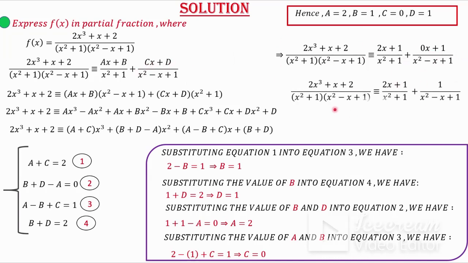Further simplifying, we obtain 2x cubed plus x plus 2 divided by x squared plus 1 times x squared minus x plus 1, which is equivalent to 2x plus 1 divided by x squared plus 1 plus 1 divided by x squared minus x plus 1. This is the expression of f of x in partial fractions, as asked in the first part of the question.